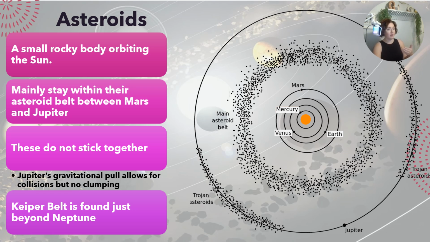We just don't call it that. We call it the Kuiper belt, and that is where we're able to find Pluto. So it's just a very similar idea, but out beyond Neptune. So those are asteroids, just small rocky bodies that kind of hang out. And because of everything else, they don't clump.